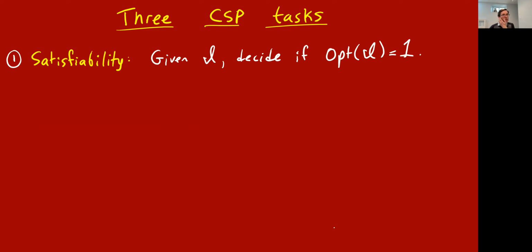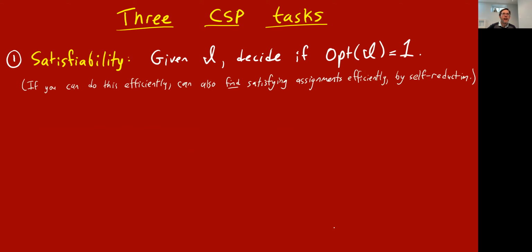You're given an instance, is there an assignment that satisfies 100% of the clauses or constraints? You might also ask, if you find out that it's satisfiable, you might want to find a satisfying assignment. But actually, if you can efficiently decide if a CSP is satisfiable, then you can also efficiently find satisfying assignments for it. And that's by a self-reduction trick.